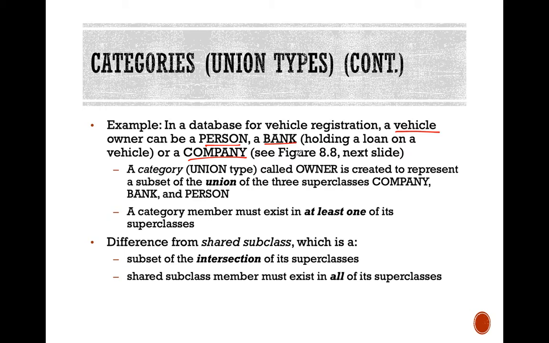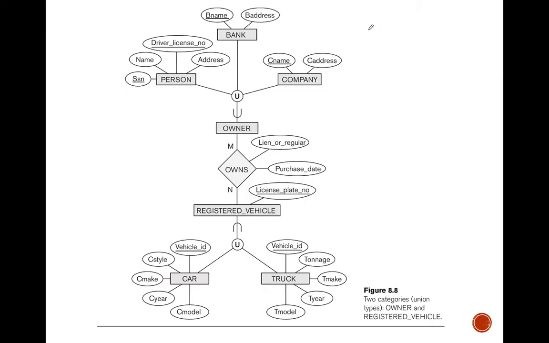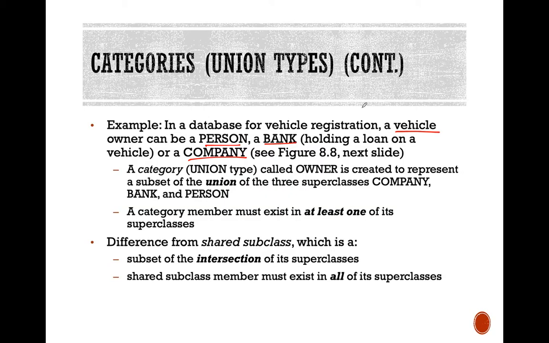So here what we are going to do is create a union of these three different entities. We have this bank, this person, and company. We are saying that the owner can be either a bank, a person, or a company.